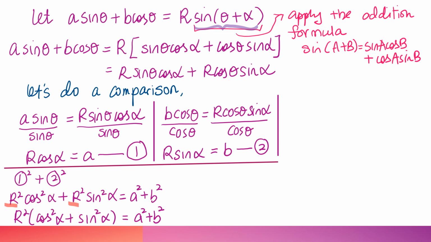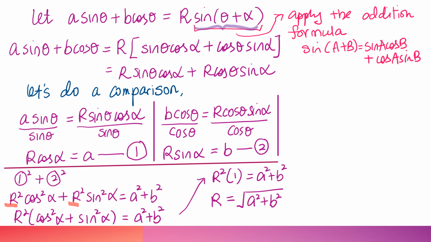And sine squared alpha plus cos squared alpha, you would be reminded of the Pythagorean identity we've learned earlier on, and that equals 1. So you will have r squared times 1 gives you a squared plus b squared. And because r is a positive value, we only take the square root of a squared plus b squared. Okay, so we have the formula to find r already.